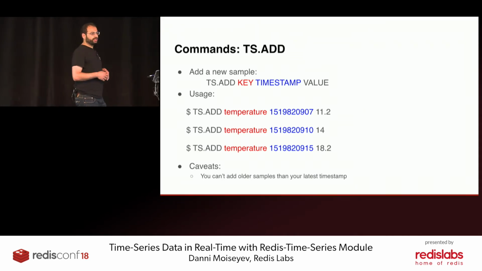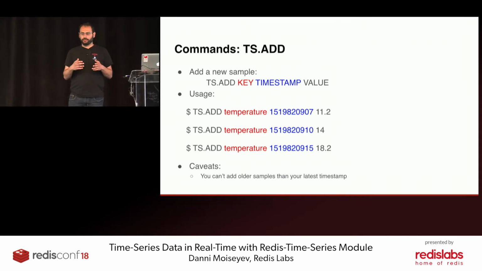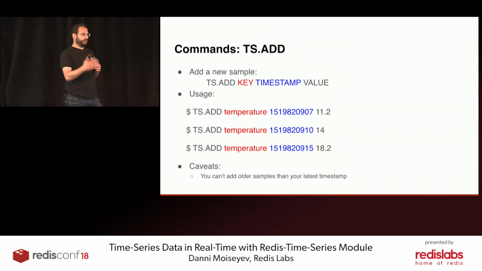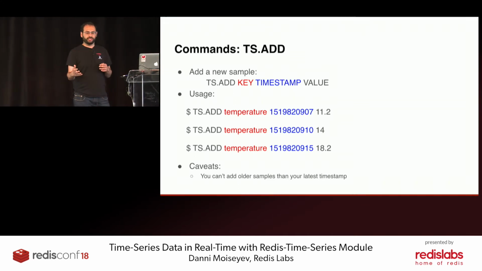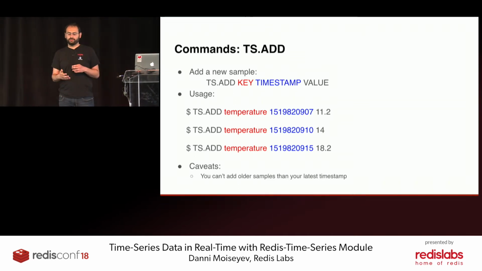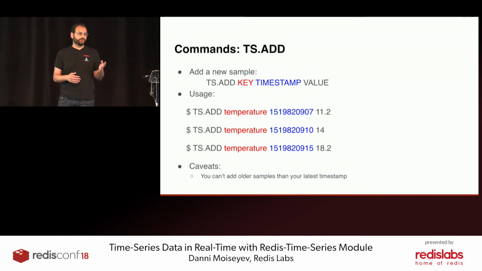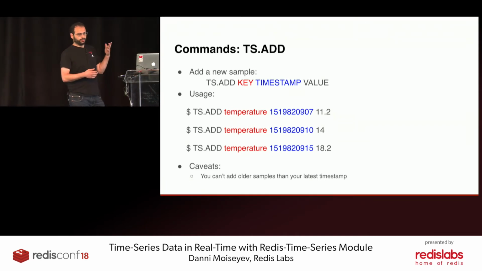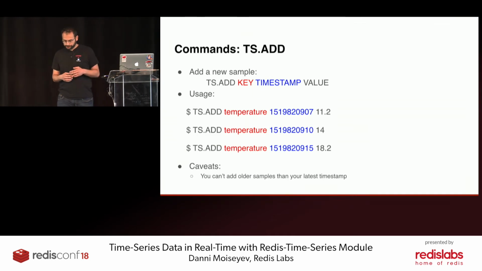The difference between the timestamps can be 1 second, it can be 10 seconds, and every new sample doesn't have to have the same difference from the previous sample. You can report every 1 second and then move to reporting every 10 seconds. There is no heartbeat or anything like that, so it's up to you what interval you want to report to the time series.